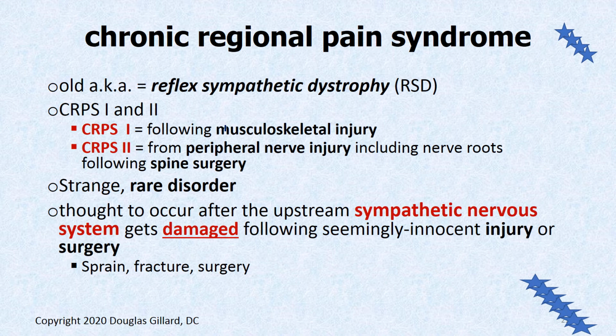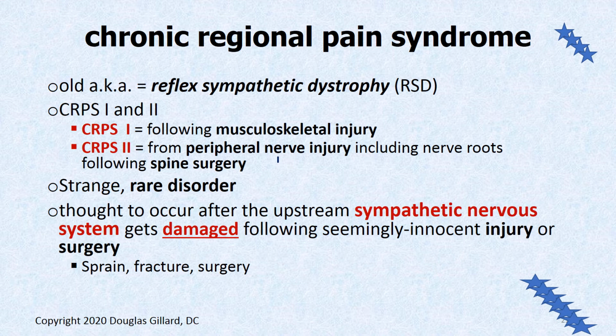CRPS2 is from a peripheral nerve injury. Mine occurred following spine surgery, but more commonly it's caused by something like a Saturday night palsy, where somebody gets drunk and falls asleep on a park bench and the radial nerve gets compressed because their body weight is pushing down on their humerus, and they wake up with a dead radial nerve.